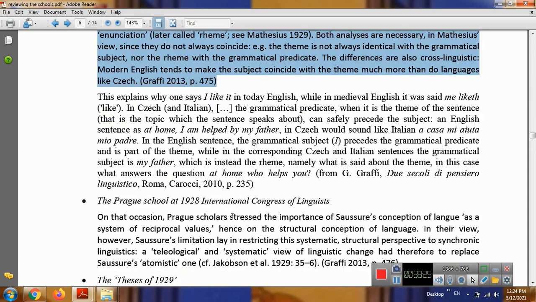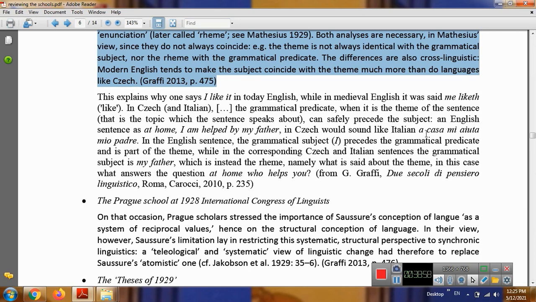This explains why one says "I like it" in English, while in medieval English it was said "me likes." In Czech and Italian, the grammatical predicate, when it is the theme of a sentence, that is the topic which the sentence speaks about, can safely precede the subject. An English sentence is "At home, I am helped by my father."